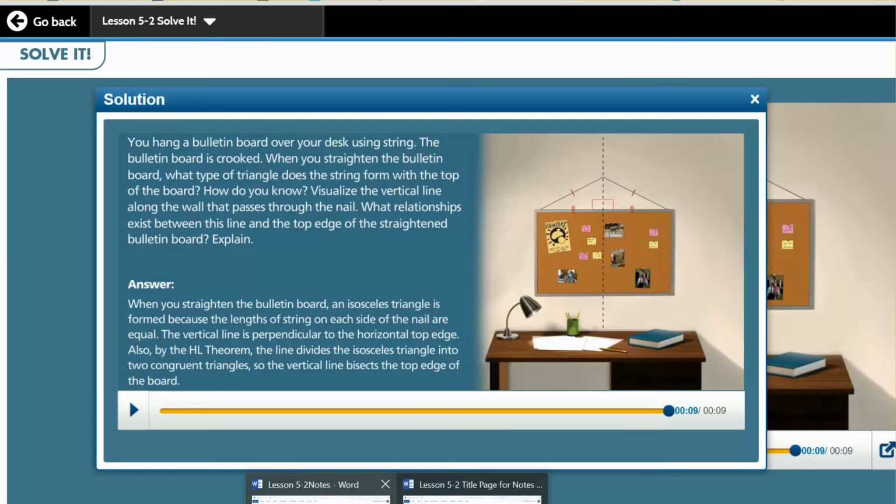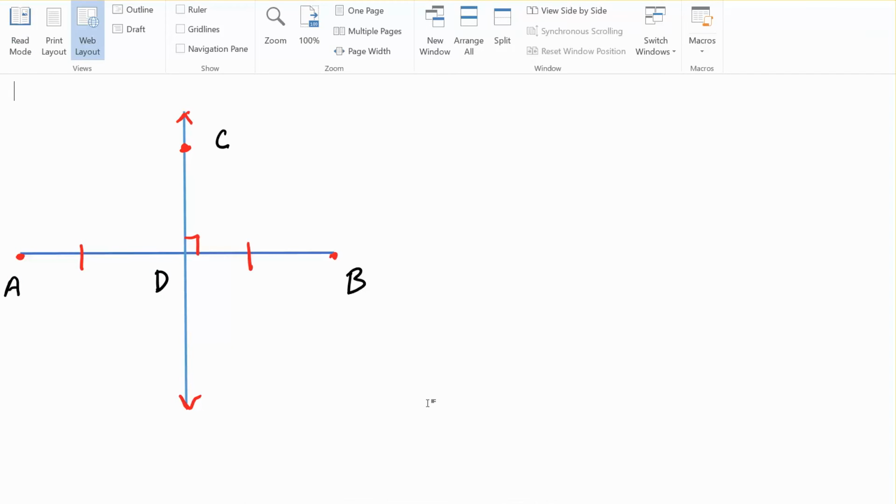Okay, let's explore a little bit about the perpendicular bisectors here. What I've drawn on here is a segment AB, and I've drawn in the perpendicular bisector, and we'll call it CD.